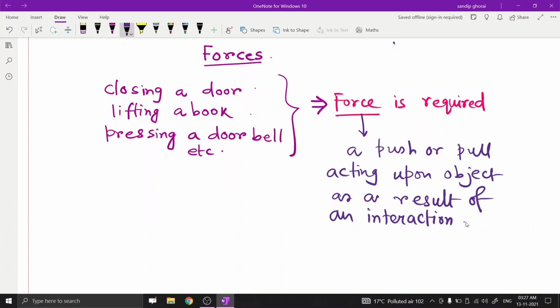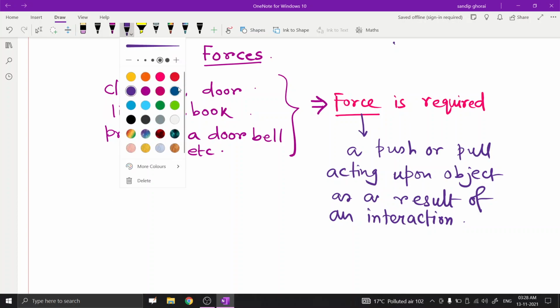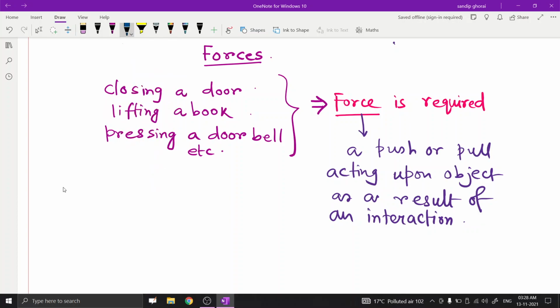And what is the unit of force? In the CGS system, the unit of force is dyne, and in the SI system, the unit of force is Newton.